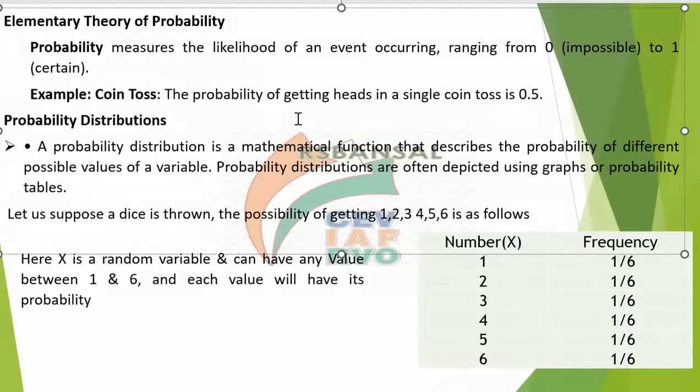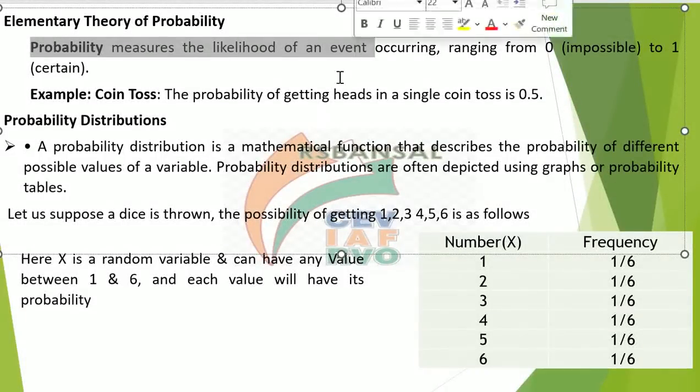Then probability distribution. A probability distribution is a mathematical function that describes the probability of different possible values of a variable. Probability distributions are often depicted using graphs or probability tables. So see the difference: probability is only the likelihood of an event.